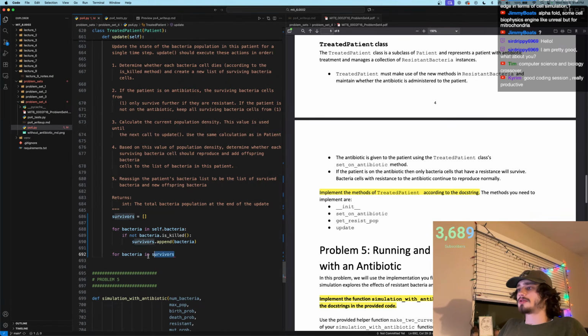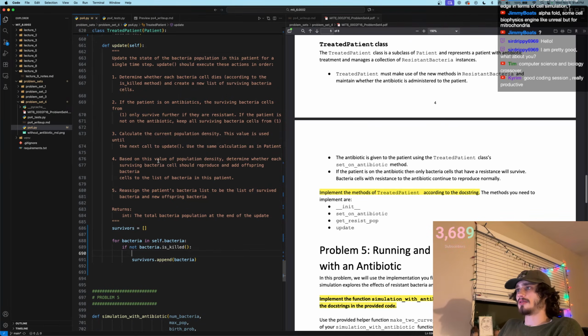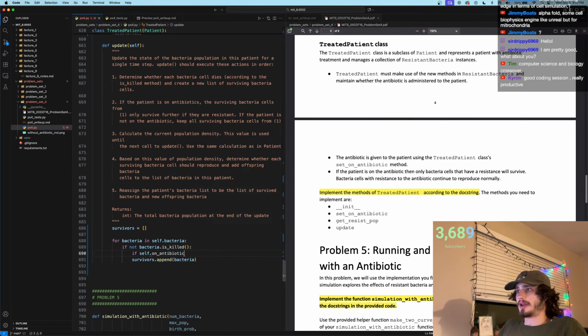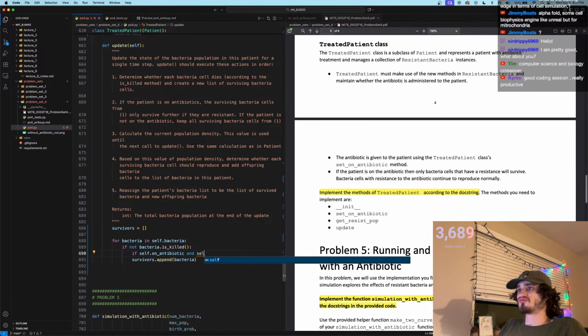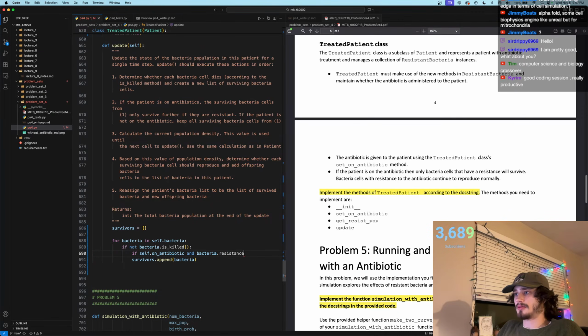Well, actually, we would only want to keep the survivors. So if bacteria is not killed, if self.on_antibiotic and bacteria.resistant, we're going to append survivors here.